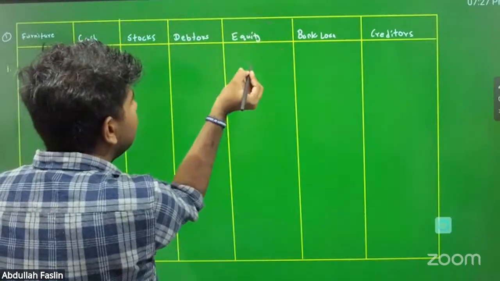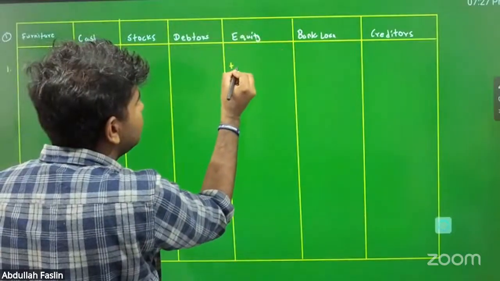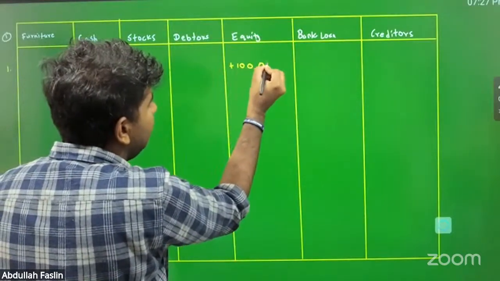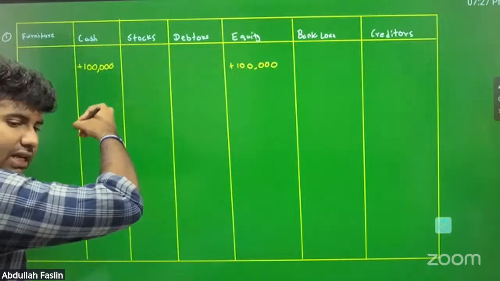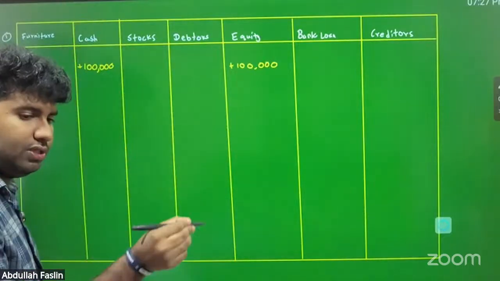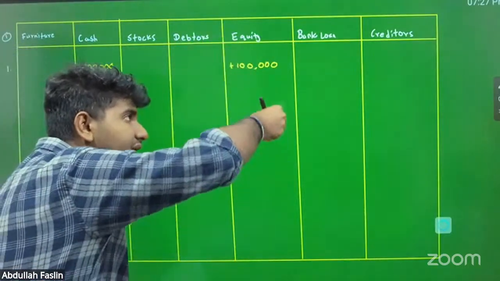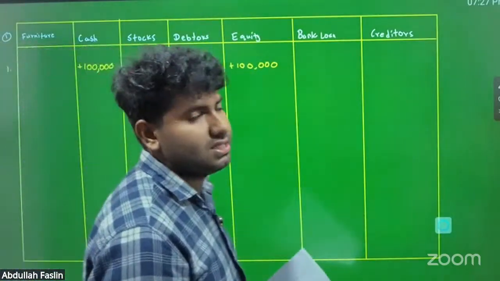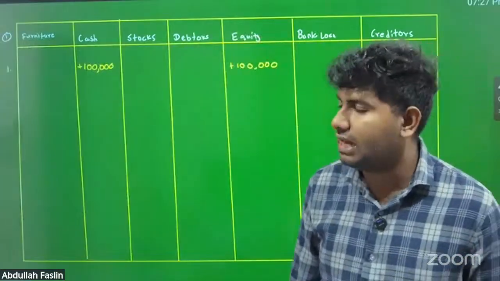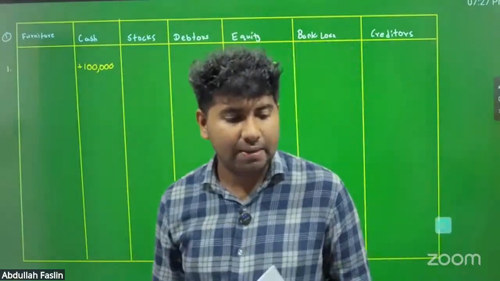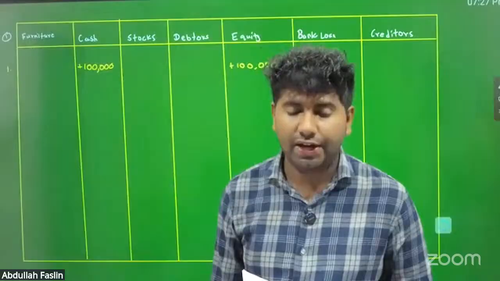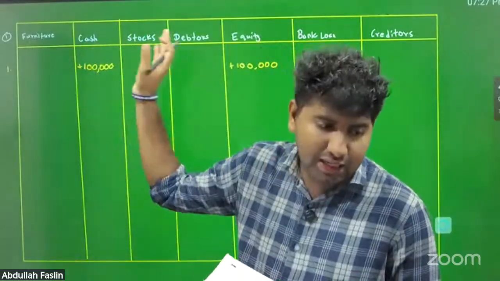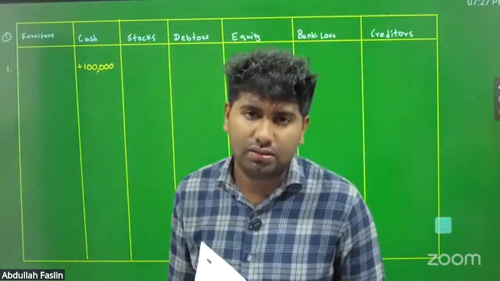Capital means equity also increases by 100,000. Cash increases by 100,000 when you put the money into your business, and equity increases by 100,000. That is how you need to understand it. Because of the invested capital, cash increased by 100,000 and equity also increased by 100,000.